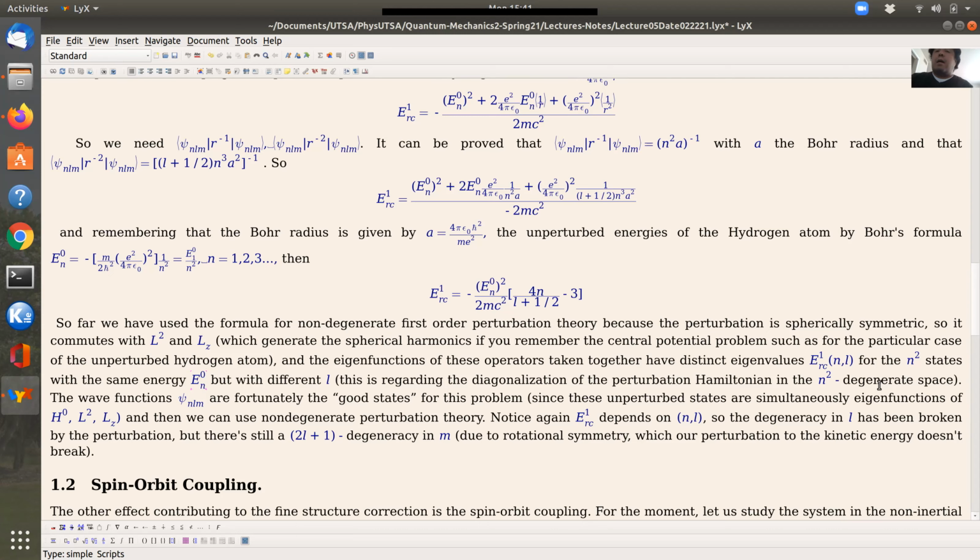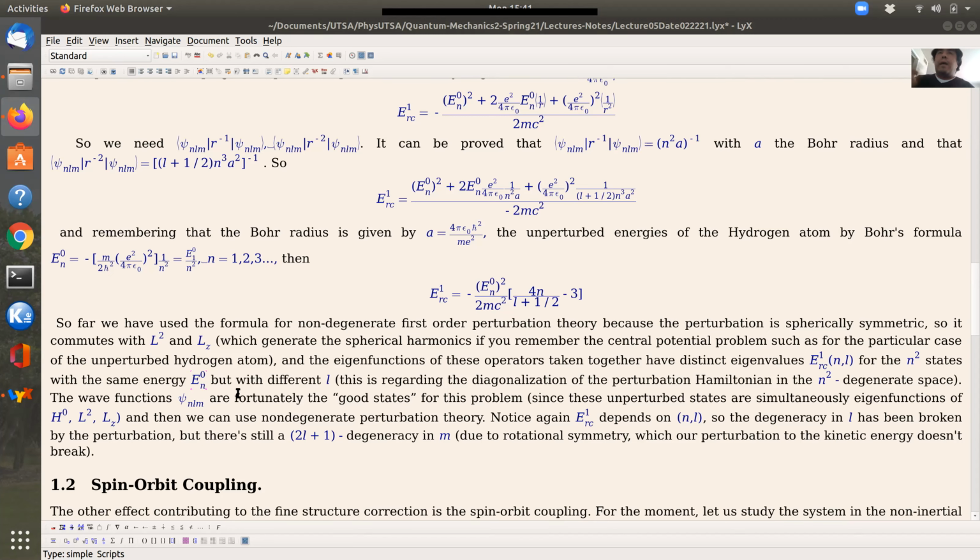And then in that case, essentially you can consider that the perturbation is breaking the degeneracy in a way. Not all of it, but part of it. So this is the second point that I want to make.